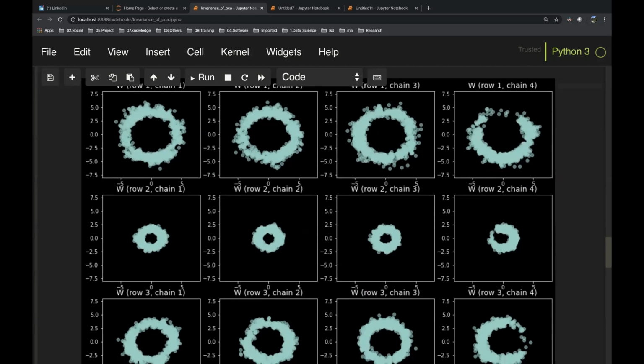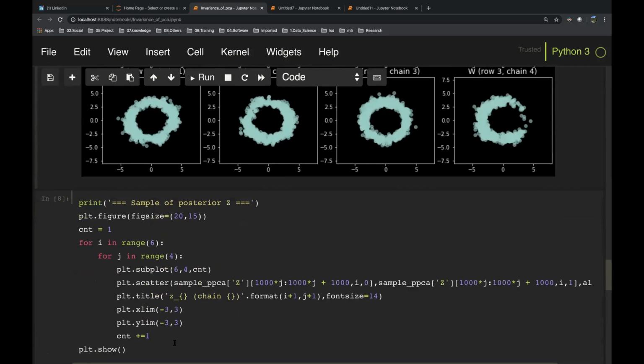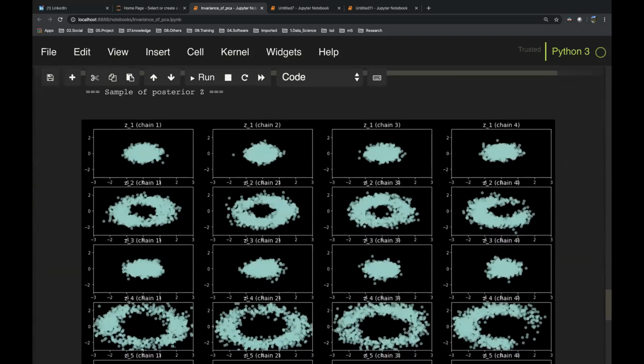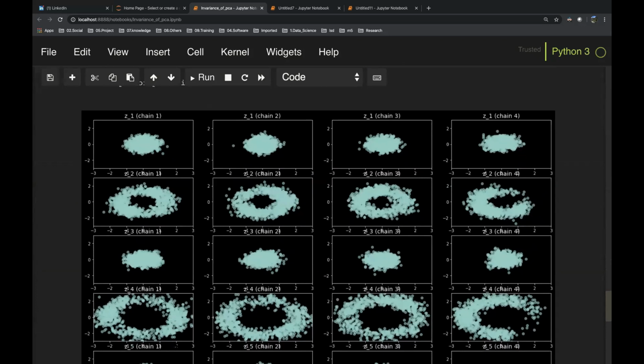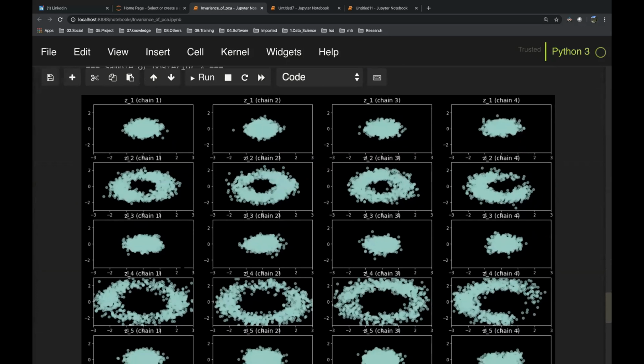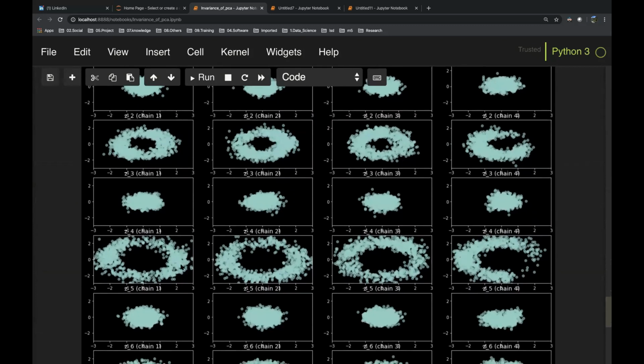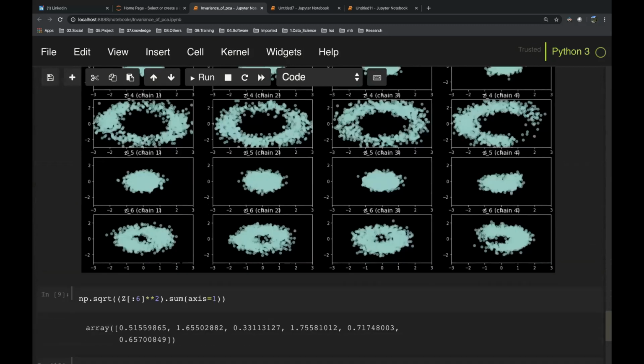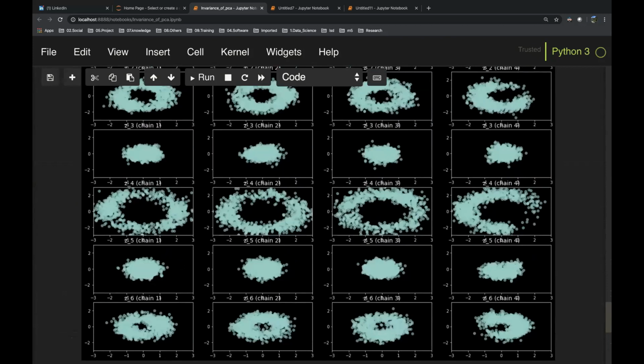This is the first row, second row and third row. In the same way, the latent space Z also looks like a circle. So it's a little weird.